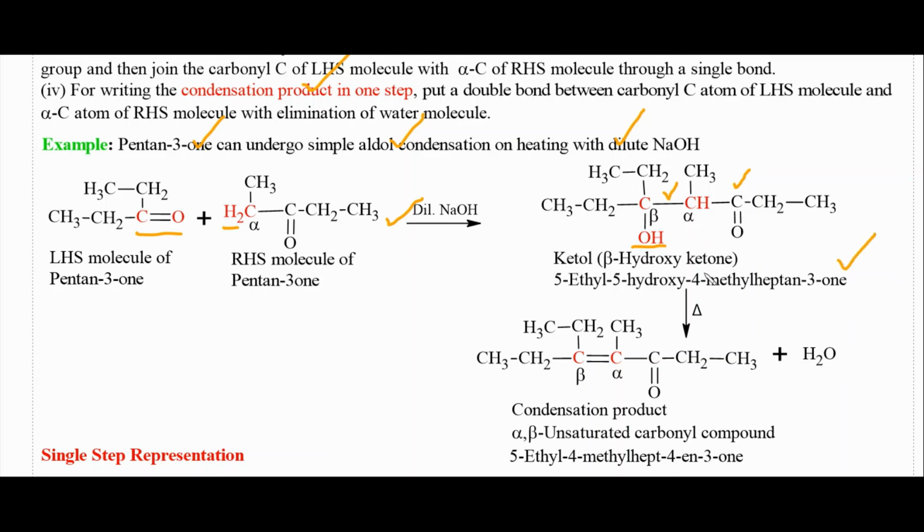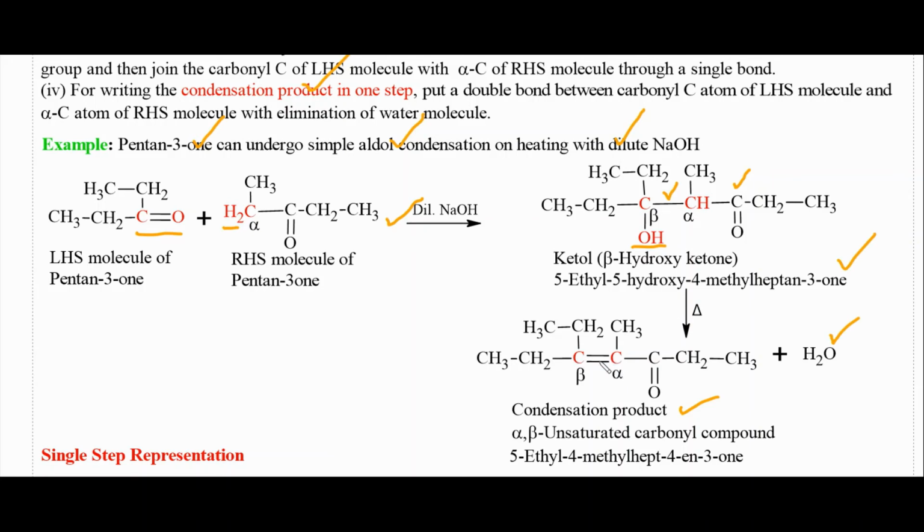This ketol on heating gives the condensation product. How is it formed? The beta hydroxyl group condenses with the alpha hydrogen atom to form a water molecule, which is going to be eliminated. It results in the formation of a double bond between the alpha and beta carbon atoms.